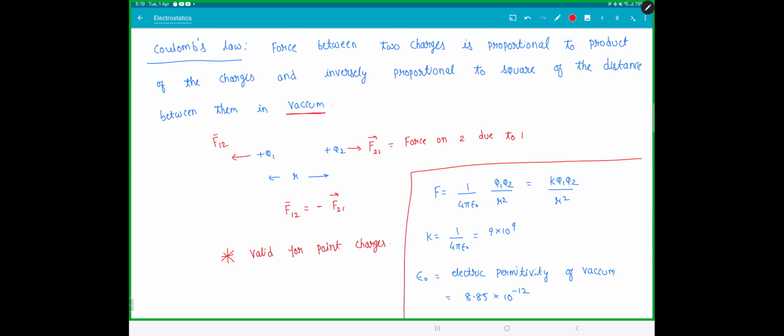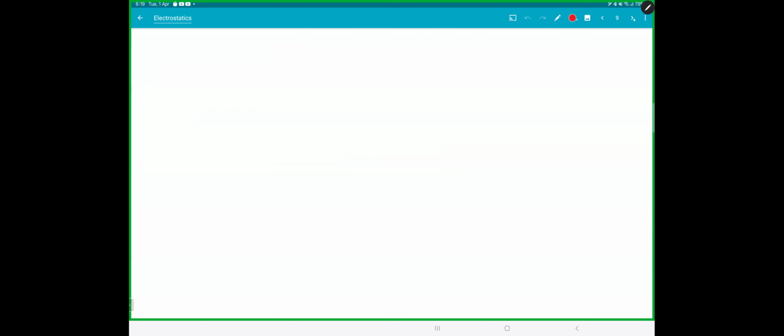Now, if you look at the vector form, so if you have charge Q1, charge Q2, the force on this will be F21.